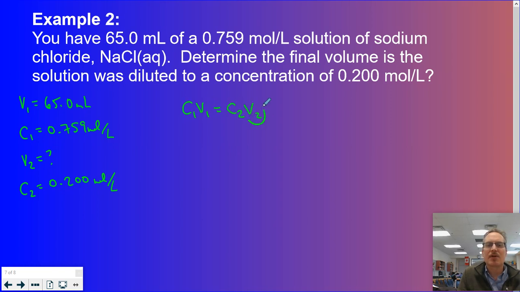This time we're going to solve for V2. So we're going to move C2 to the denominator. V2 equals initial concentration multiplied by initial volume, divided by the final concentration.